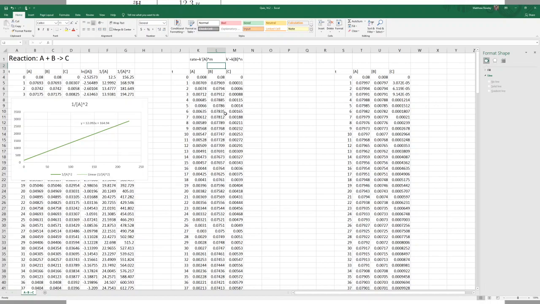Right? And so what we're doing here by making sure B remains constant is isolating whatever effect A has in the rate law.